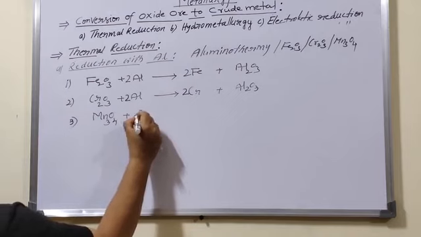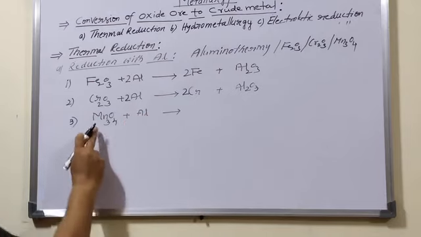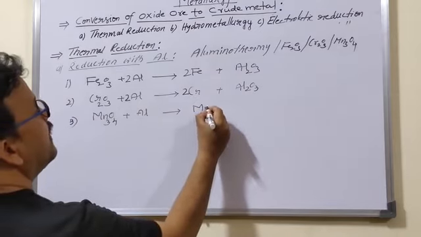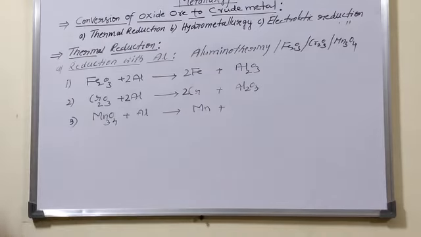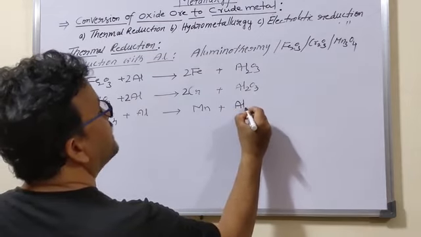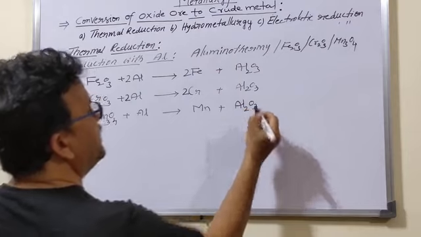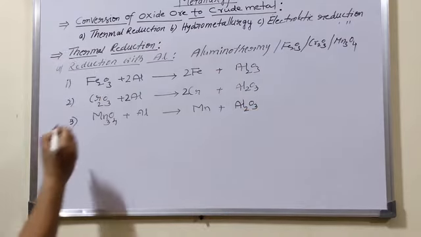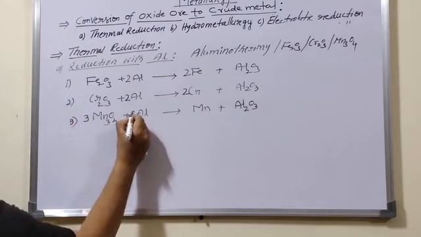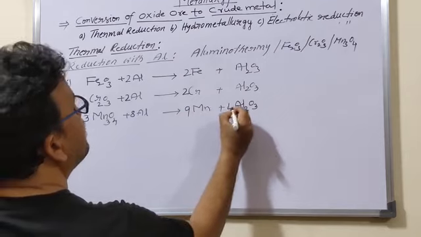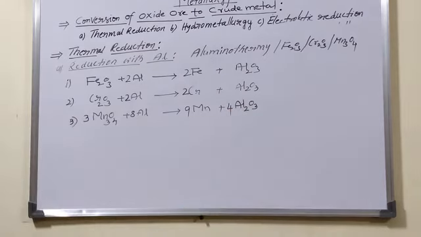It is reduced with aluminum. Manganese oxide is reduced to metal, and aluminum, the reducing agent, is oxidized to Al2O3. This is how aluminothermy takes place.